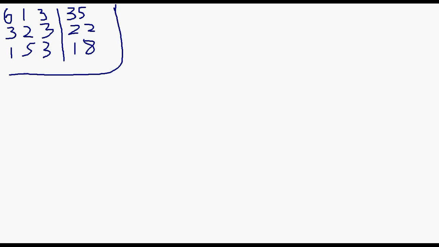So this is what we have here. All right. So whatever we get at 35 will be for x1. Whatever we get at the 22 will be for x2. And whatever we get for 18 will be for x3.